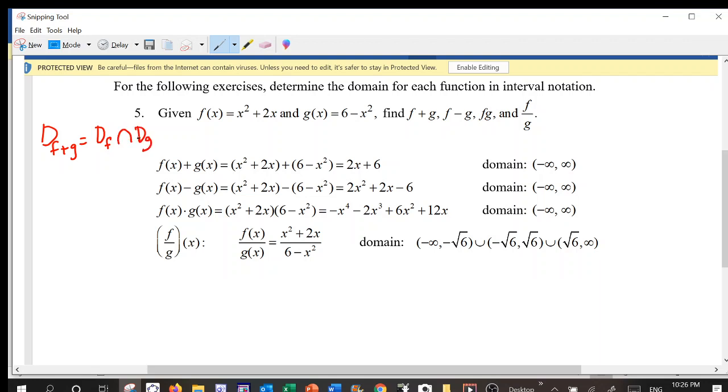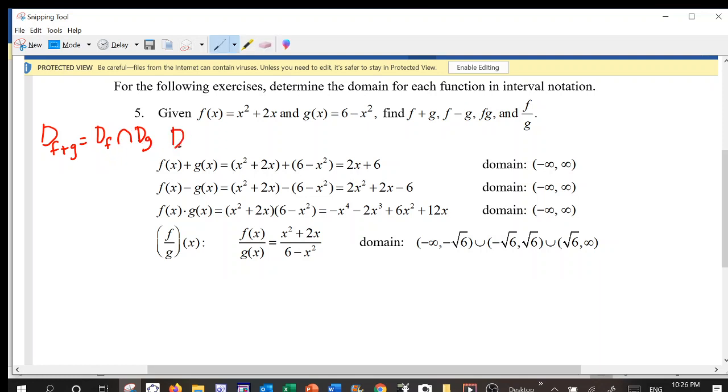That means what they have in common, right? Because whatever x is, it has to work for both of them. If it doesn't work for f and only works for g, then we can't add them. So basically you have to get the intersection. That means what they have in common, domain of f and domain of g.